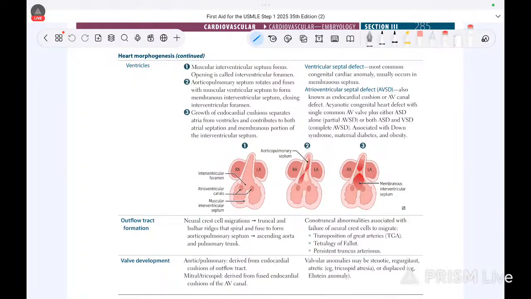If there is atrioventricular septal defect, also known as endocardial cushion defect or AV canal, it is associated with Down syndrome. It is very important, and also maternal diabetes and obesity. This is the acyanotic congenital heart defect with a common AV valve plus either the atrial septal defect alone or both ASD and VSD.